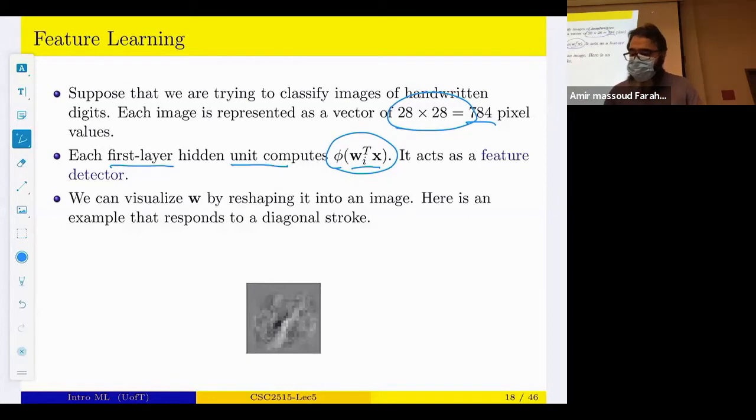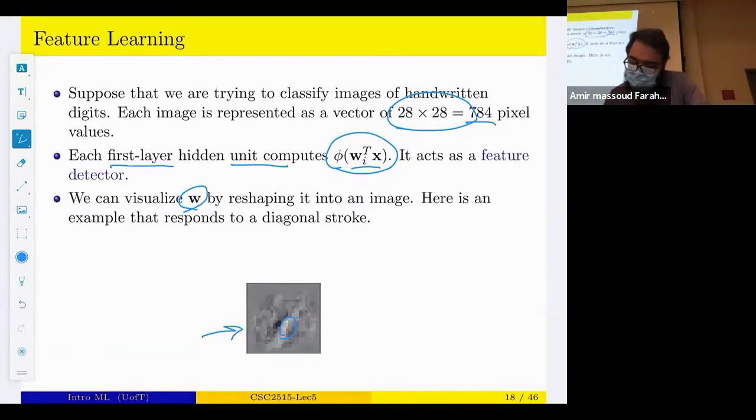And then we can visualize what kind of behavior it is doing by looking, after learning, at the w's and converting them to an image-like form, like 28 by 28, and then seeing how it looks. If we do it, for example, one of the weights would look like this. So what does it do? It might be a bit difficult to say, but brighter points are, for example, the larger weights, and negative would be negative weights.